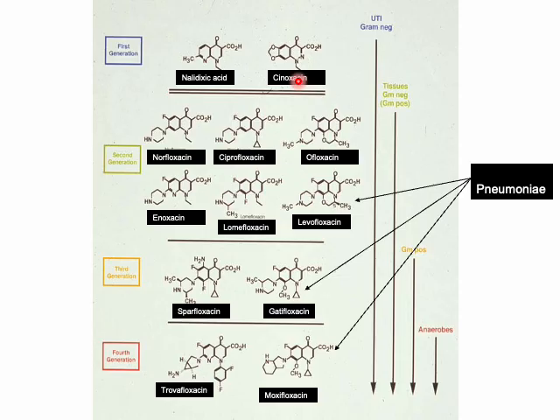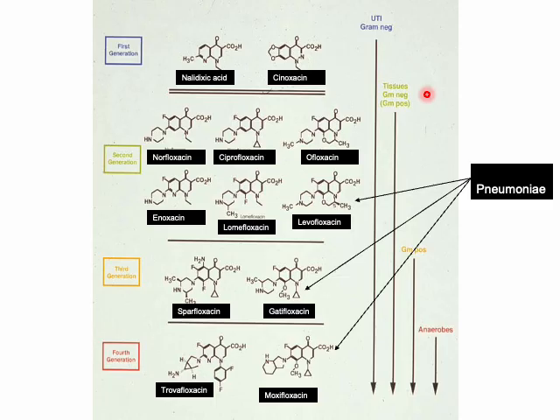Now, how about the bacteria those drugs target? Well, the first generation are good for gram-negative bacteria, specifically in urinary tract infection, for example, E. coli. As we move down to the second generation, in addition to covering gram-negative bacteria in the UTI, we also cover some gram-negative in the tissues.